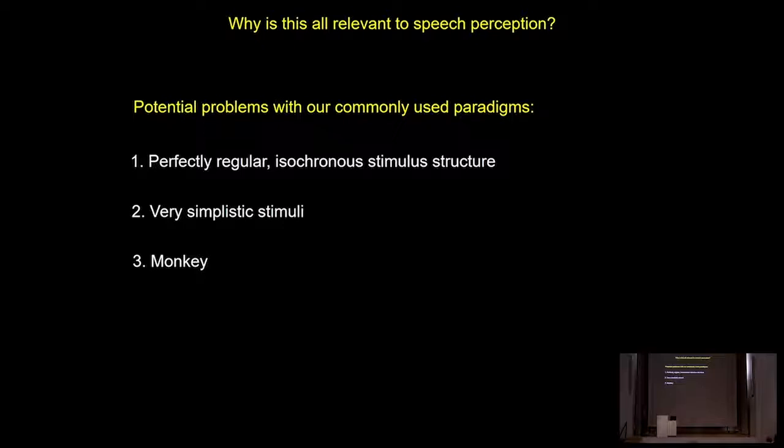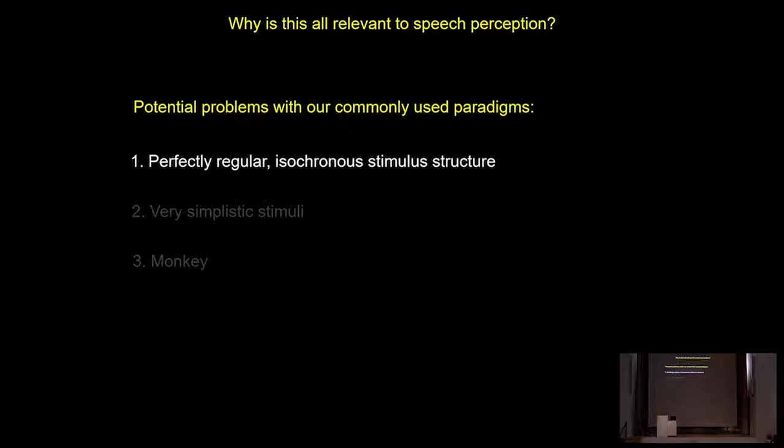Now, in our defense, the reason we used simplistic stimuli in our experiments so far is that we wanted to exclude any unknown variable. So we wanted to go very basic. And one of these unknown variables is how much stimulus onset asynchrony variation we can allow before we lose the perception of rhythm.